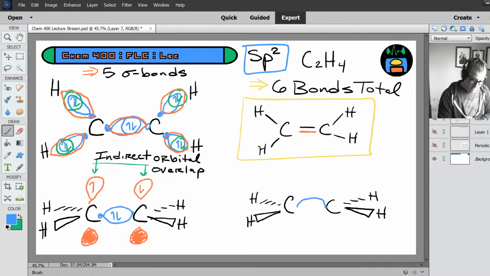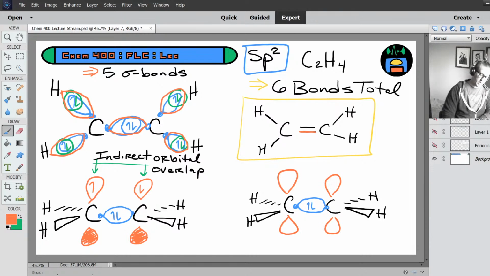Indirect orbital overlap happens when you have two unhybridized p orbitals that are parallel to each other in space. Something very special happens. They can engage in indirect orbital overlap.